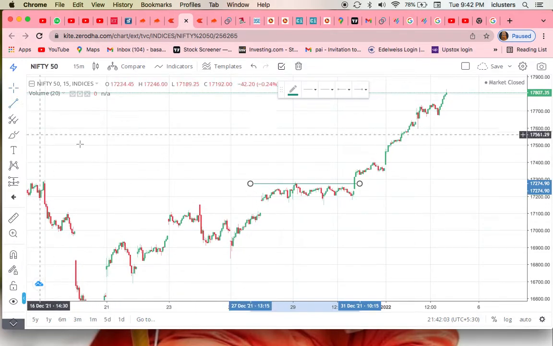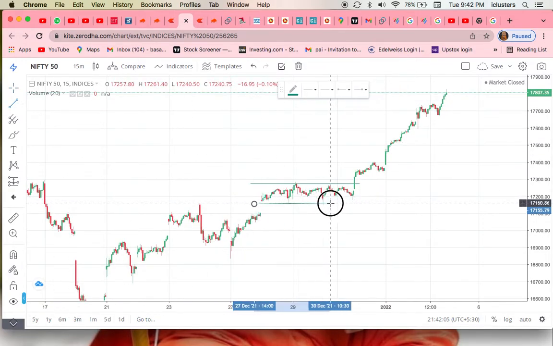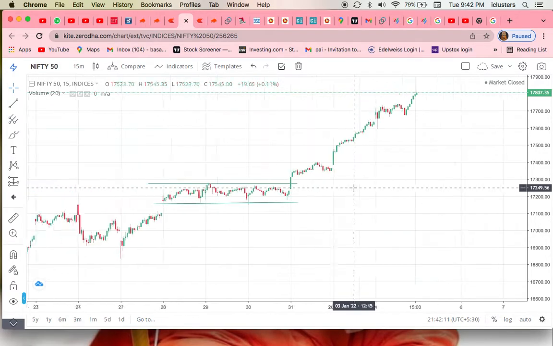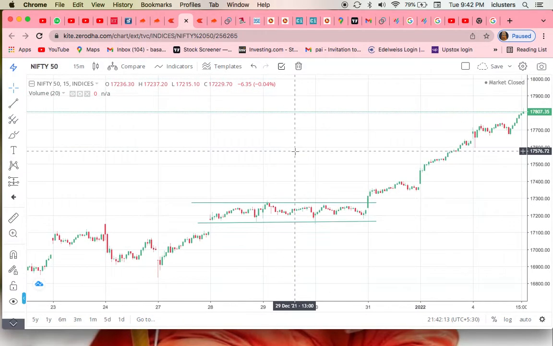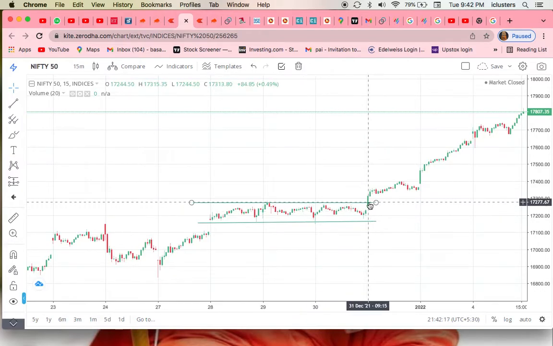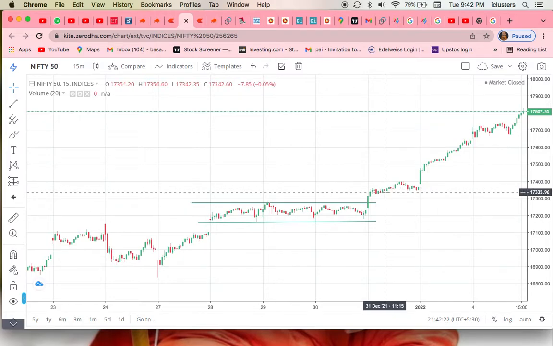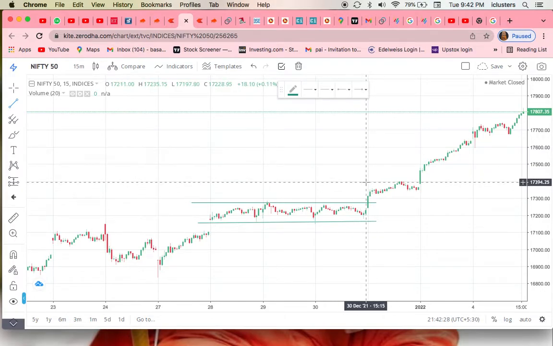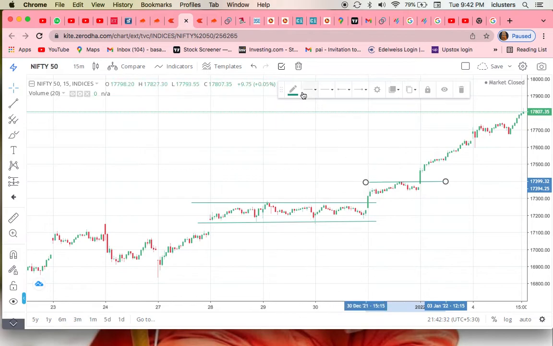Okay, price is not going up, no more upside or downside. It's like a consolidation zone. Okay, once this one swing high is broken upside, the market started moving upwards, and here again the market has consolidated. Here we can draw another trend line also. Here, it has broken the higher highs.